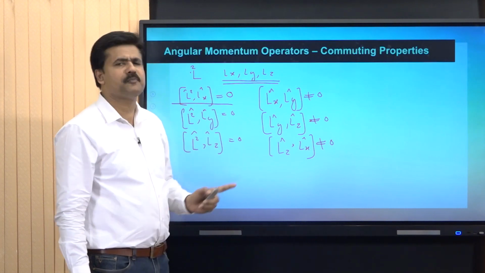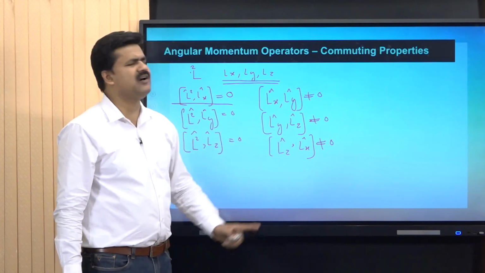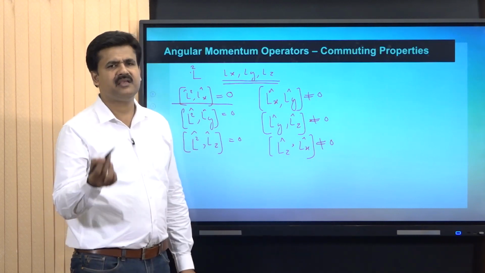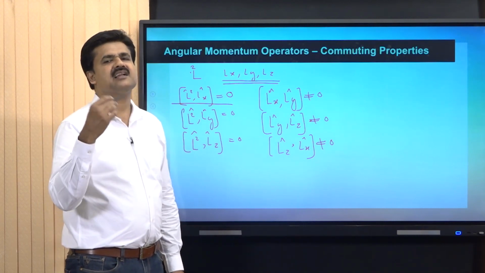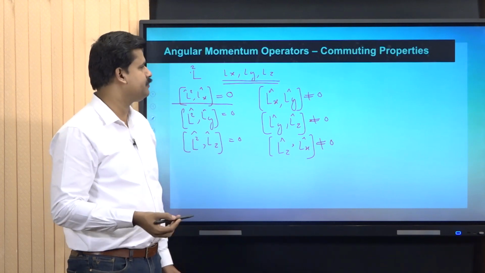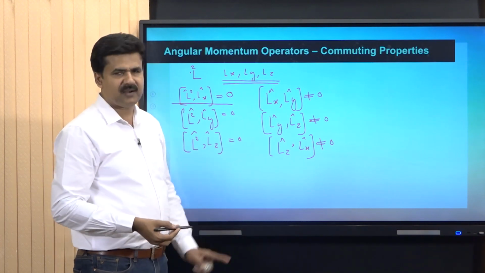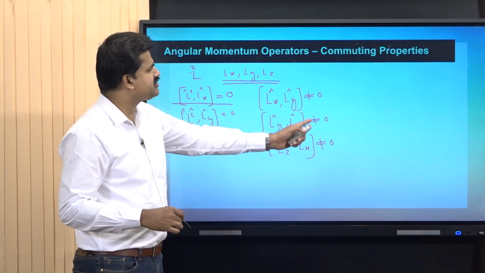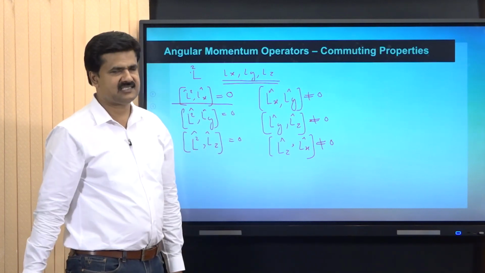It is more appropriate to find out the exact value of this commutator. It is possible to find it by using the commutator relationship and applying a suitable simplification procedure, and we will get the values of these three commutators.